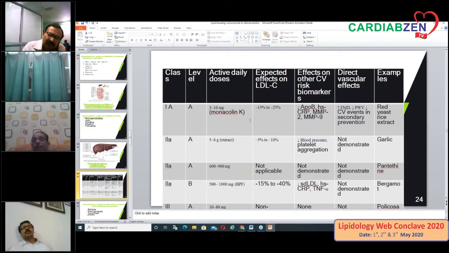So this is the level of indications, the level of scientific evidence. For example, for red yeast rice extract, a class 1A indication is there. For garlic 2A, pantethine 2A, 2B, and so on. So what is strongly recommended? You can recommend that the patient take red yeast rice extract, garlic, and pantethine maybe.